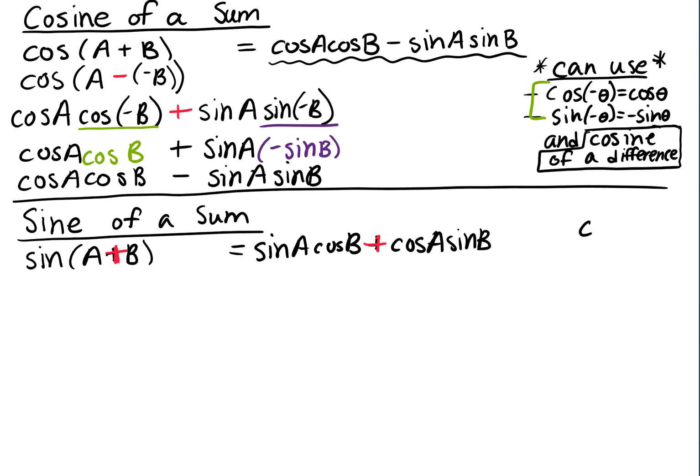And then for identities to use for this, we're going to use cosine of a difference and the cofunction identities that we just proved recently or derived recently. So first thing, this one's a little tricky, so we're going to do two of these again this way.